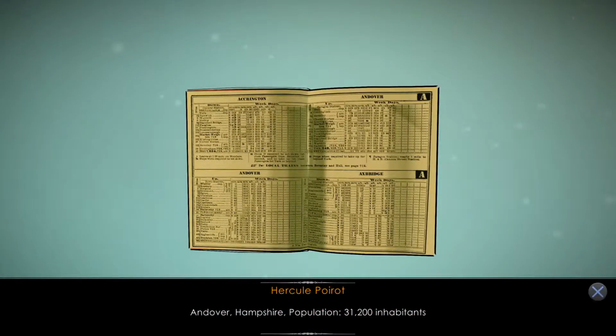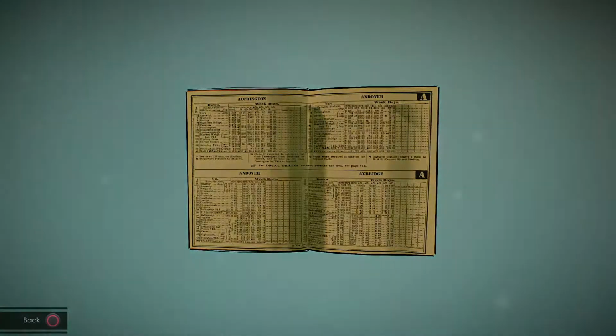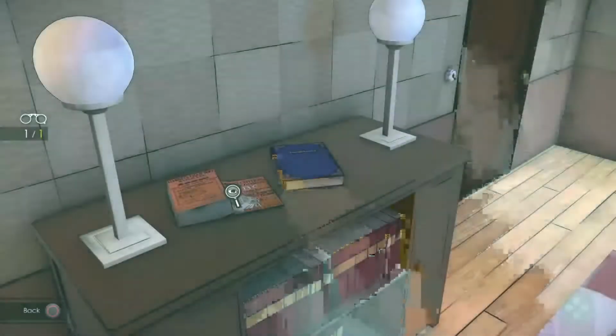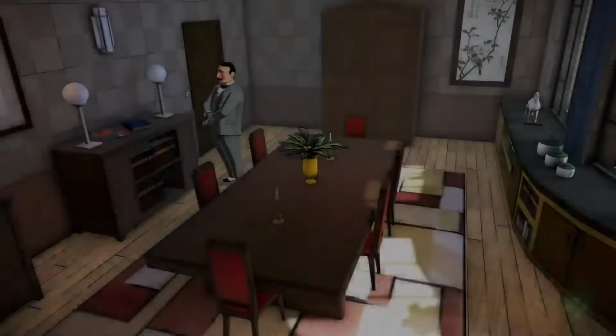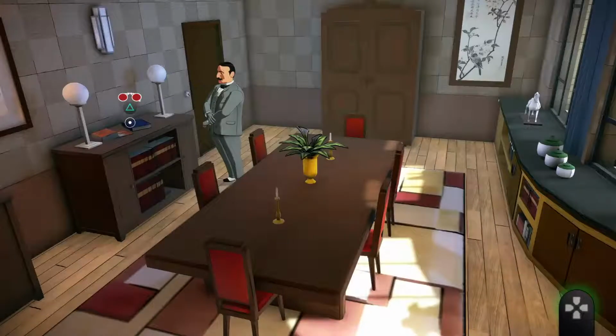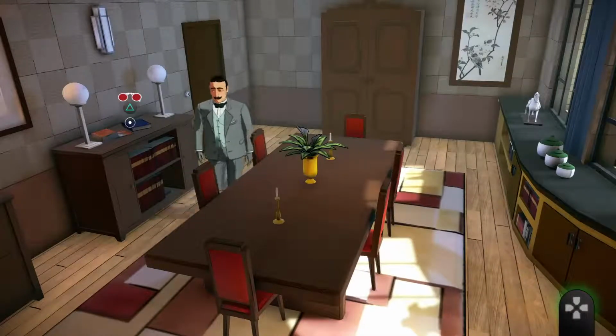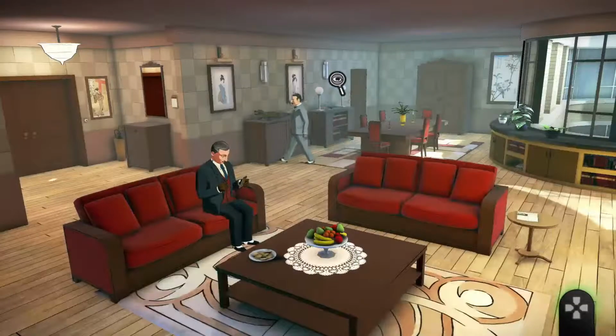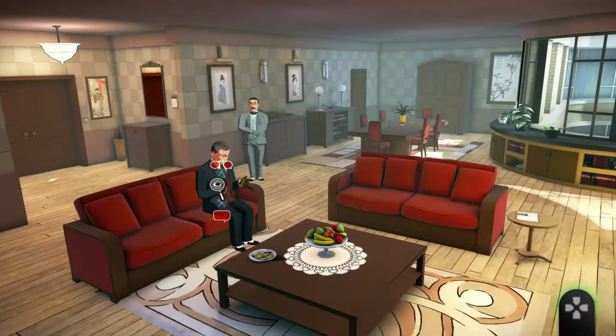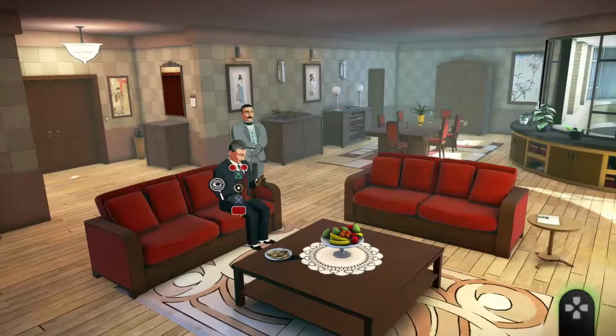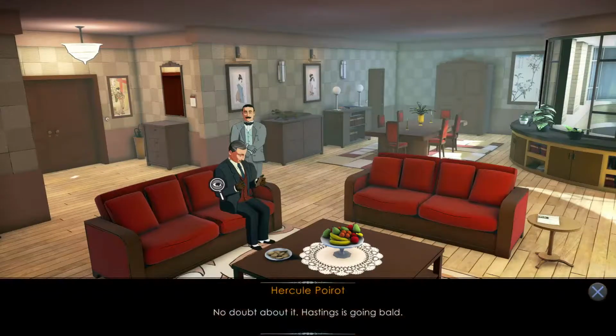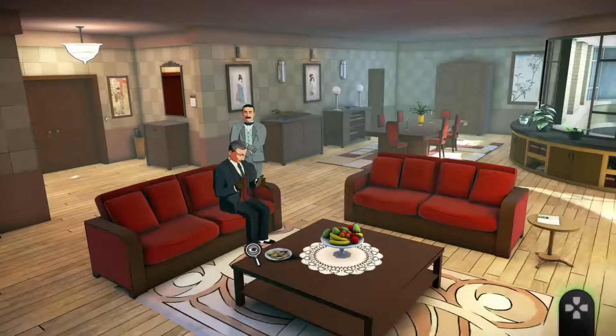Andover, Hampshire, population 31,200 inhabitants. Let's observe. No doubt about it. Hastings is going bored. Damn.